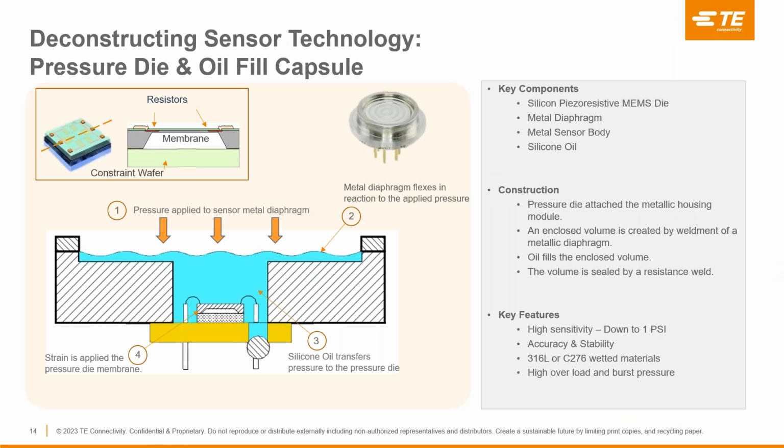So you can see in an absolute pressure configuration like the one you see here, oil is fully contained by welds. The metal diaphragm is TIG welded, the lower portion is resistance welded. All of these welds are qualified for pressures in the thousands of PSIs, which are generally over the normal pressure ranges of instrumentation seen in gas delivery systems. So the oil is well contained and rated for the application.